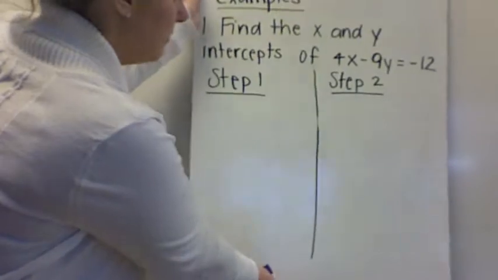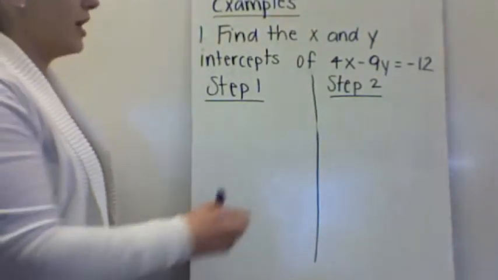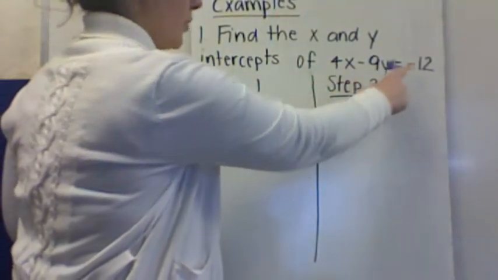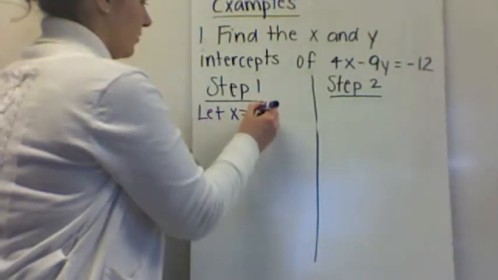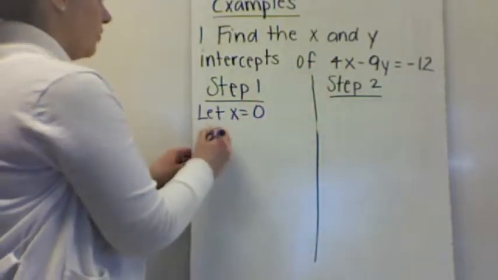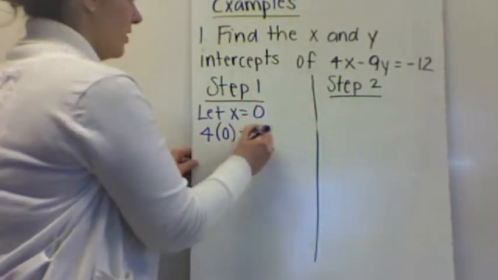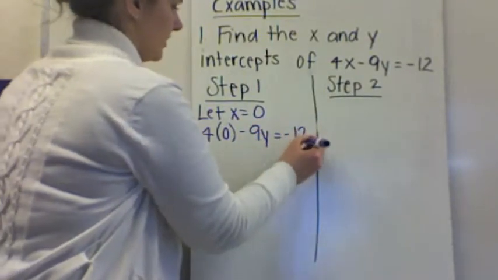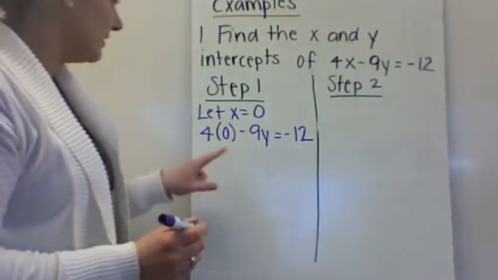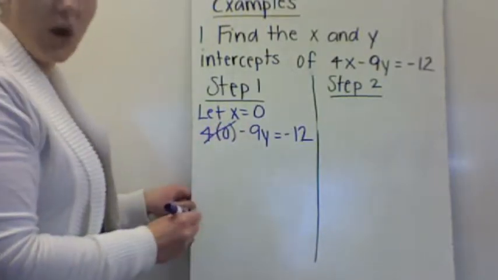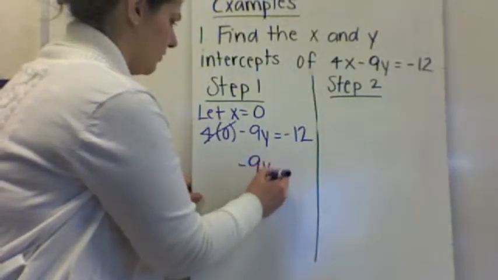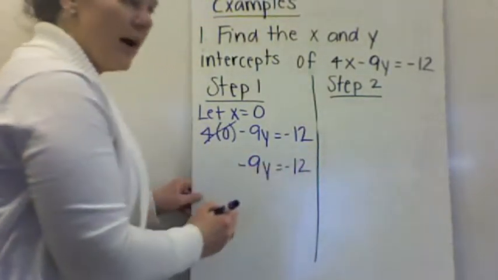So let's do some examples. We want to find the x and y intercepts of 4x minus 9y equals -12. Again, it's in standard form, ax plus by equals c. So step 1, we want to let x equal 0. Then we change x to 0: 4 times 0 minus 9y equals -12. The good thing about making it 0 is anything times 0 is just 0, so that's gone. So we just have -9y equals -12.